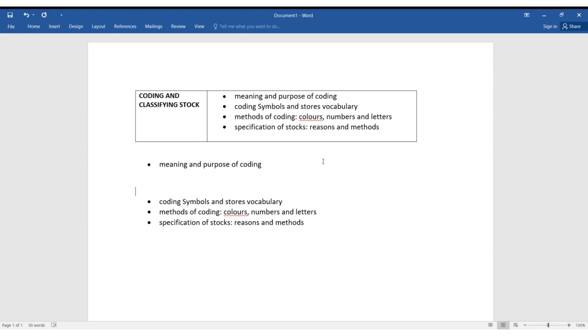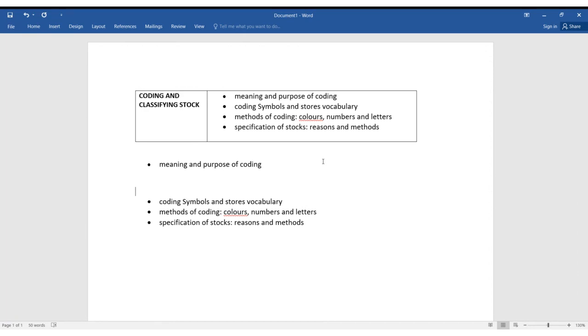Now, the objectives here are to explain the meaning and purpose of coding and classifying items. Secondly, to explain the various coding symbols and methods used in coding.